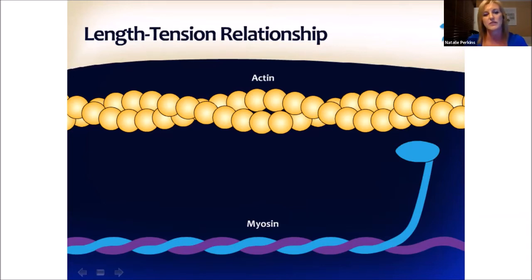If a muscle is overly elongated, there is a significant number of actin and myosin that are unable to connect with each other, so you get a reduction in power. Similarly, if a muscle is overly shortened, you get overlapping of the actin and myosin and they cannot create a bond. So the optimum power output is where the optimum number of fibers of actin and myosin are in connection.